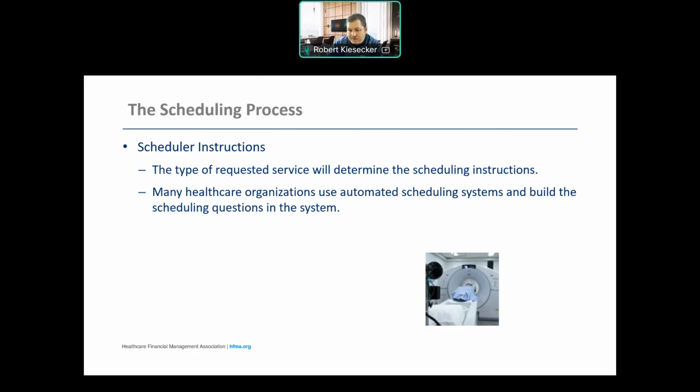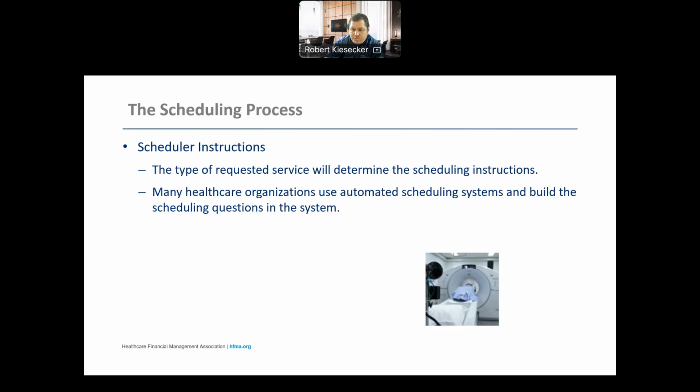If an automated scheduling system is not used, a binder including all scheduling instructions should be maintained to facilitate the scheduling process and ensure all critical information is completed. One example of scheduling instructions would be for a nuclear medicine procedure. Contact the department to order isotopes. Make sure that we have what we need to complete the services.